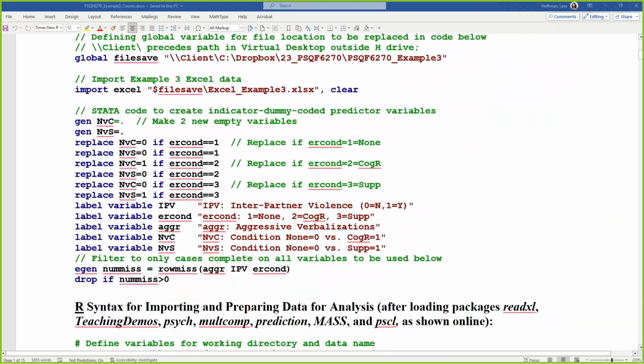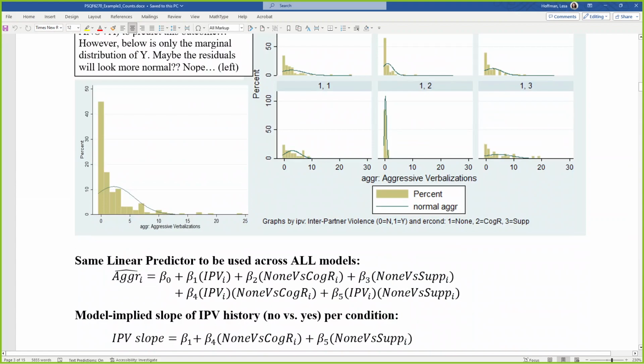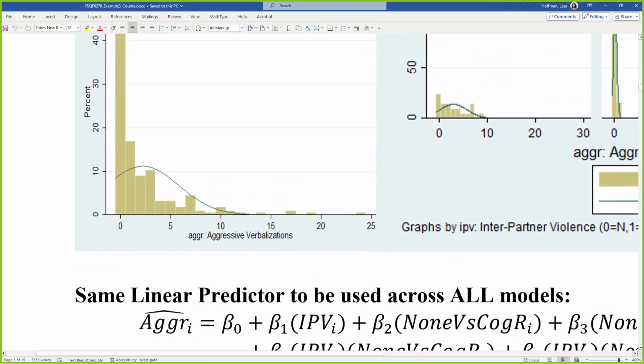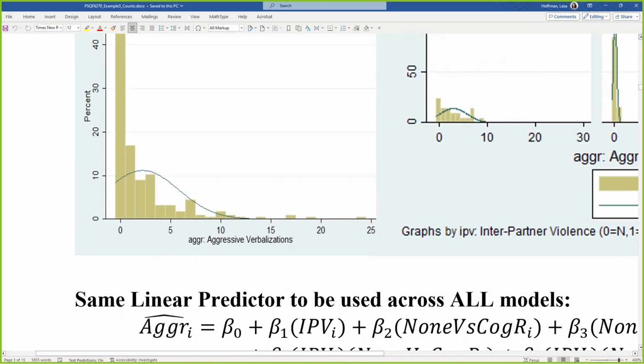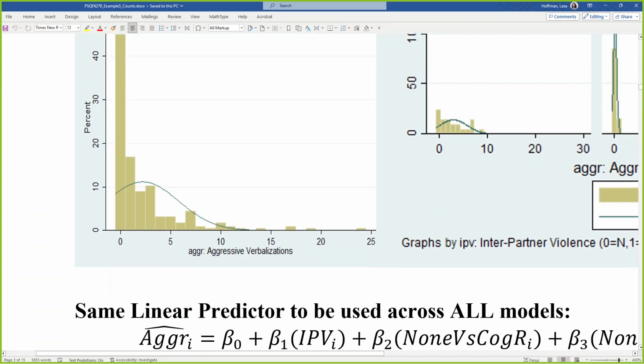So this is the picture for her distribution. This right here. This outcome is the number of mean things people said to their partner while they were angry at them. Excuse me, the number of aggressive verbalizations. So she showed me this picture, and she's like, what kind of transformation do I need?